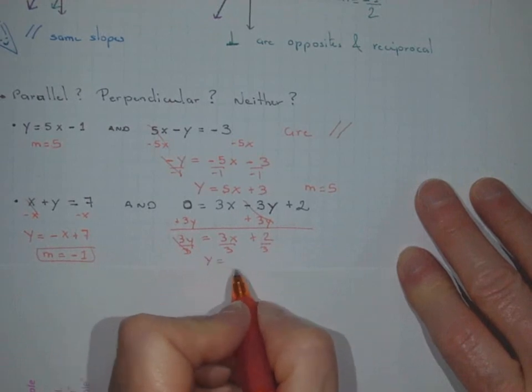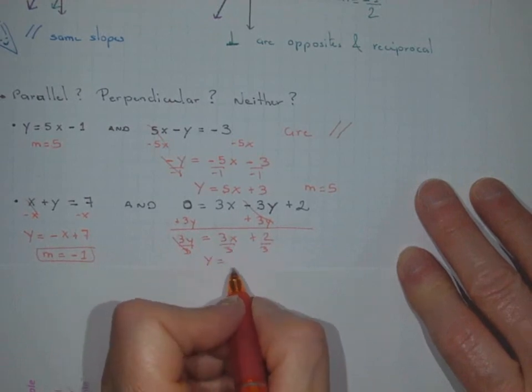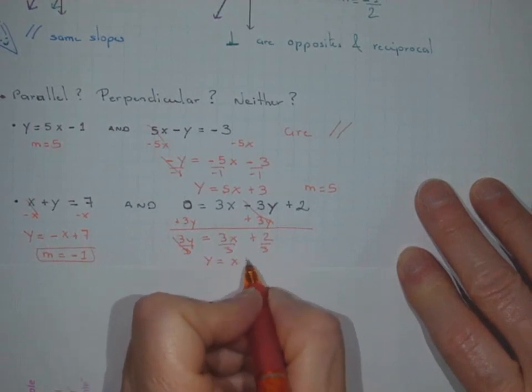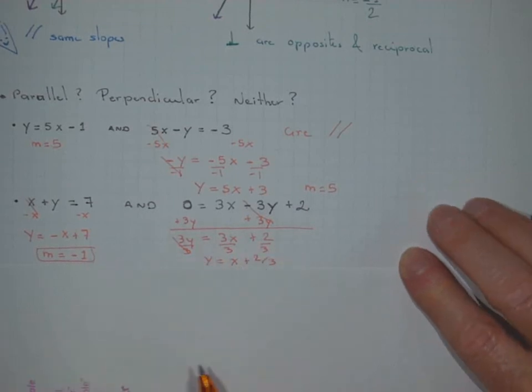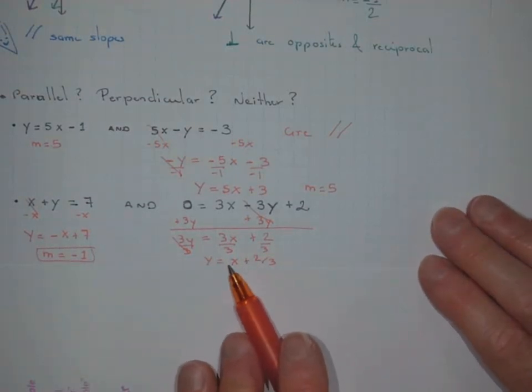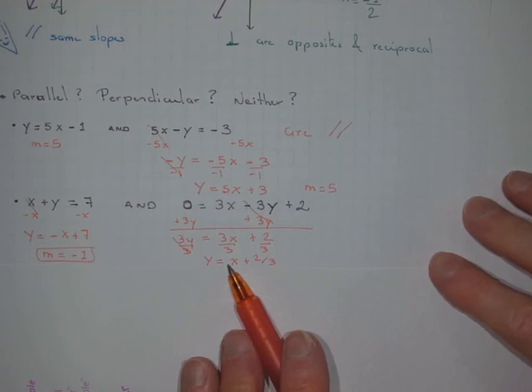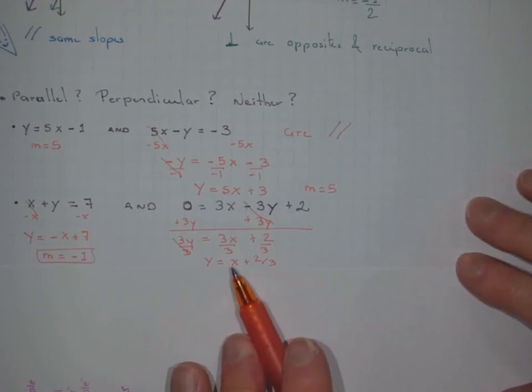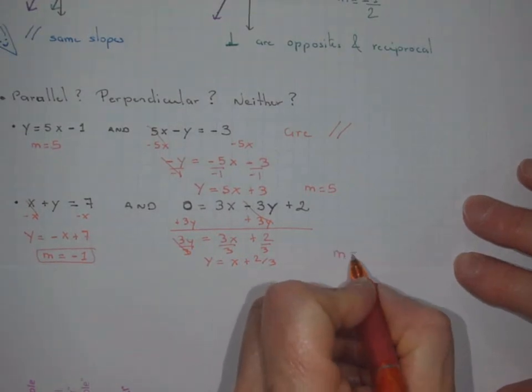And so y is equal to 3 over 3 is just 1, so just 1x plus 2/3. Well, it is now in slope-intercept form, and I can see that my slope here is a 1, right? When you don't see anything in front of x, it's having a coefficient of 1. So your slope is 1, so m equals 1.